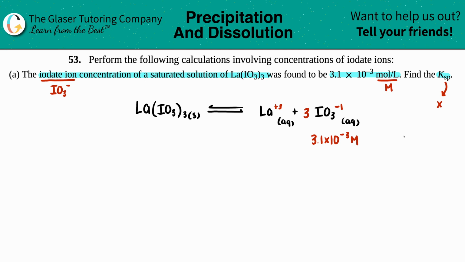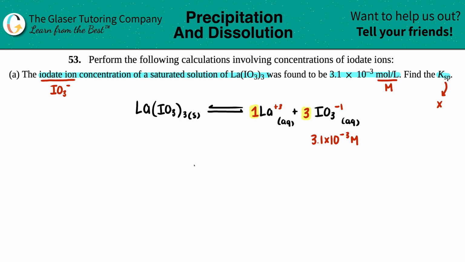All right. Well, that means somehow I need to find out what the La3+ concentration is. But that's where we look at our mole ratios. There was 1 La for every 3 IO3s. So it's a 1 to 3 relationship. So if I want to find out what the concentration is from 3.1 times 10 to the negative third molarity, I could just use a mole relationship.